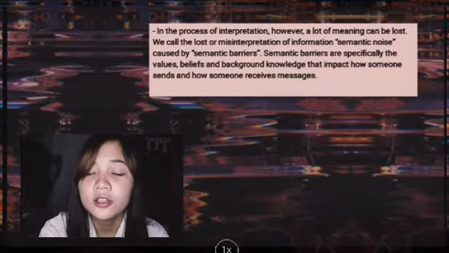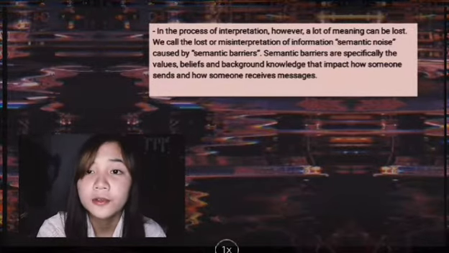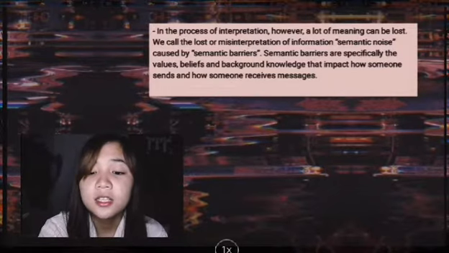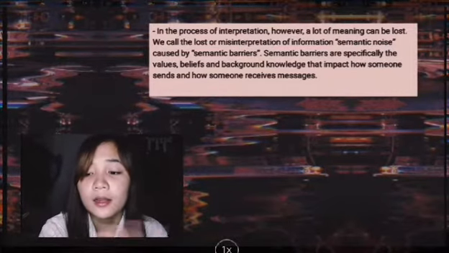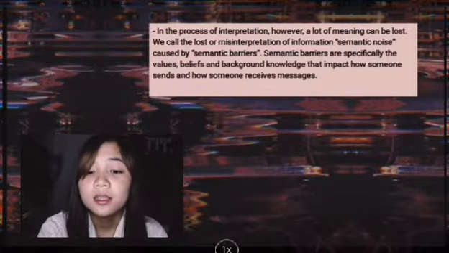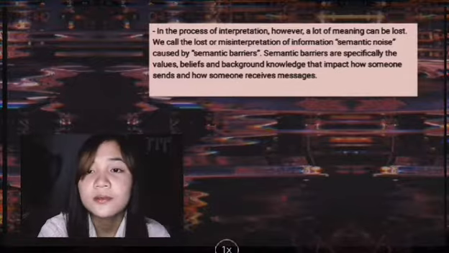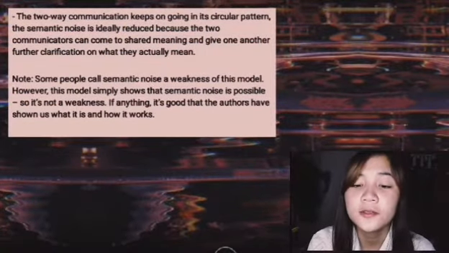We call the loss or misinterpretation of information semantic noise, caused by semantic barriers. Semantic barriers are especially the values, beliefs, and background knowledge that impact how someone sends the message and how someone receives the message. The two-way communication keeps on going in a circular pattern.